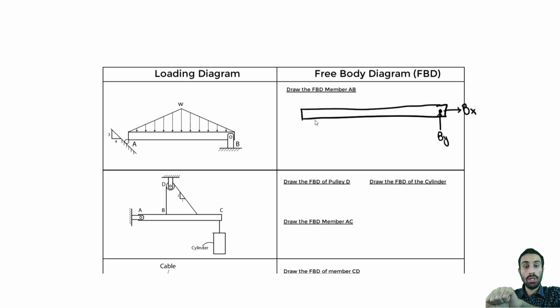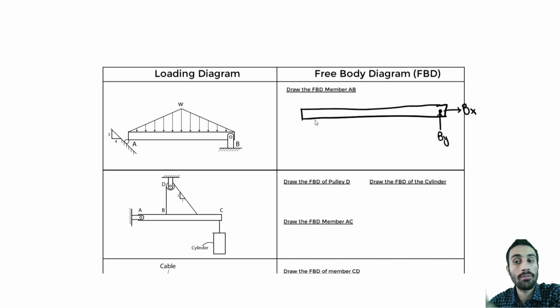But if you imagine this beam, try to pull it with respect to that point B, pull it strictly in the X, it's going to have some resistance, right? And we call that the reaction. The reaction developed because you pull it with an action, there's an equal and opposite reaction in the X, right? That's what we call BX. Same idea for the Y. You pull it in the Y with an action, there's an equal and opposite reaction in the Y. But the direction doesn't matter.